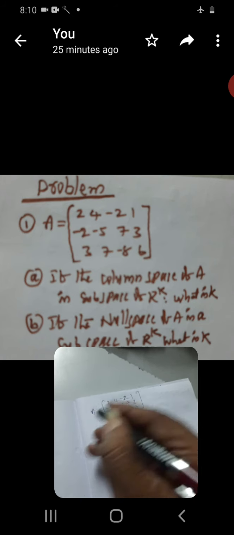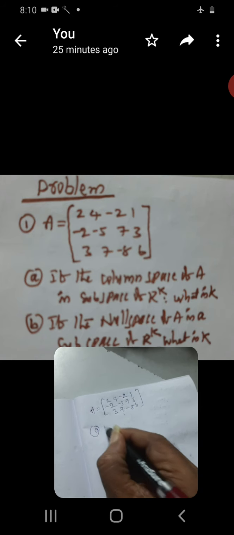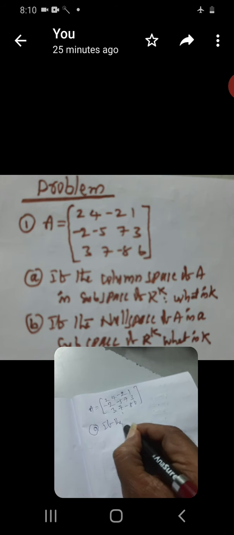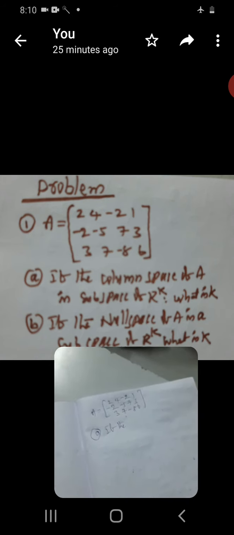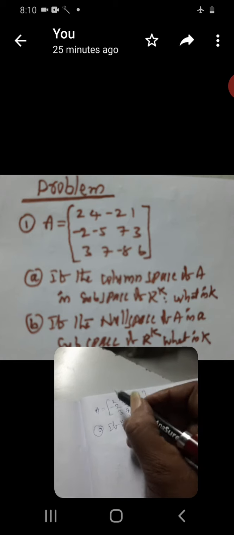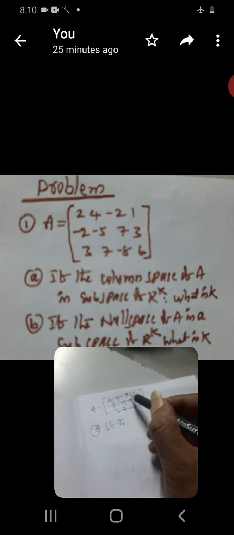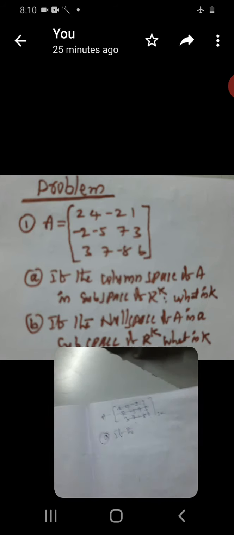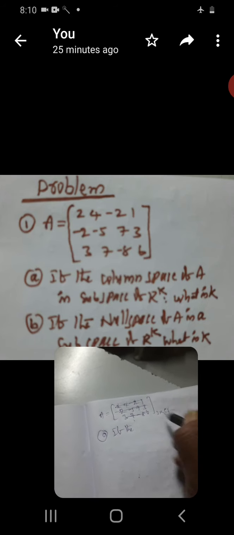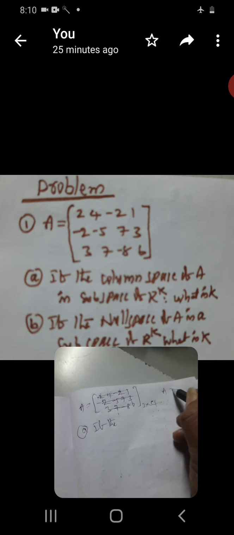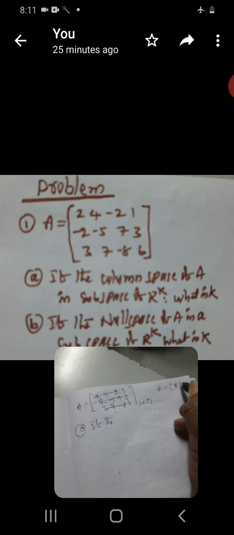Now how many rows and how many columns does this matrix have? Rows: 1, 2, 3 rows. Columns: 1, 2, 3, 4 columns. So A is a 3 by 4 matrix.